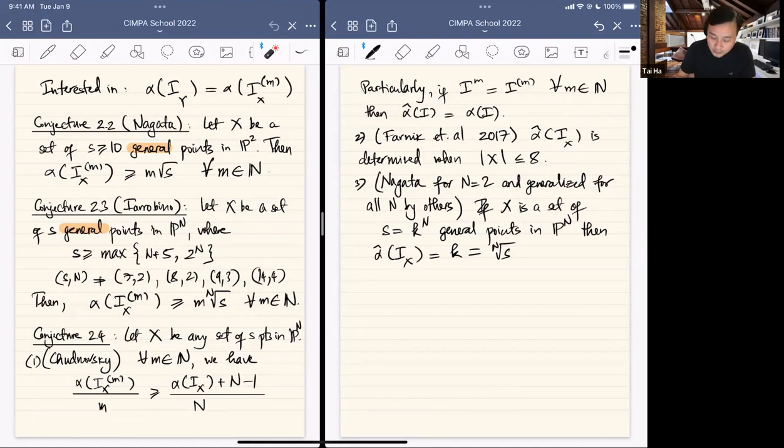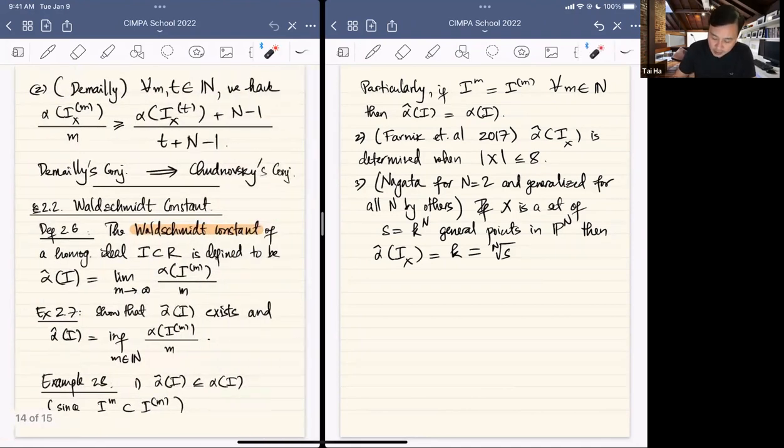So the conjecture is in fact equivalent to saying that the Waldschmidt constant of I_X is exactly the n-th root of s. Okay, and so this established that conjecture, or Nagata and Iarrobino's conjecture, in the case where the number of points is exactly k to the n. So it's the n-th power of some positive number.